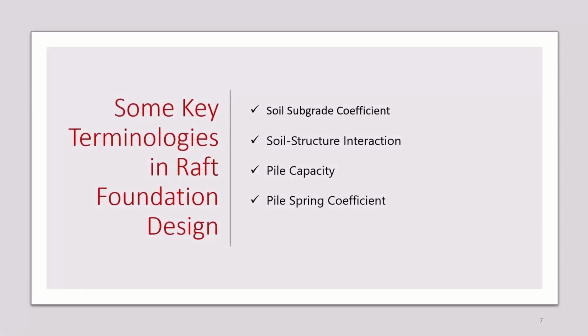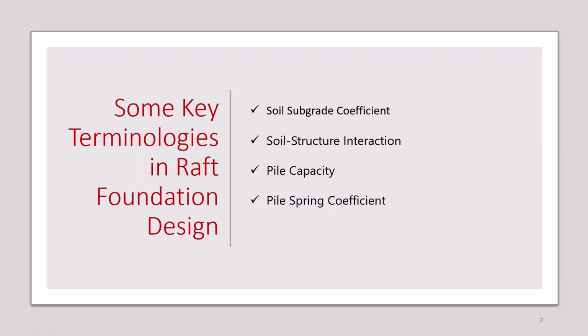Some key definitions, and please, I will encourage you to look at some specialist literature on this, but I've been able to bring some points here. Subgrade coefficient is one term you are going to be needing. You need to understand the concept and what this is all about when you are dealing with raft and piled raft.